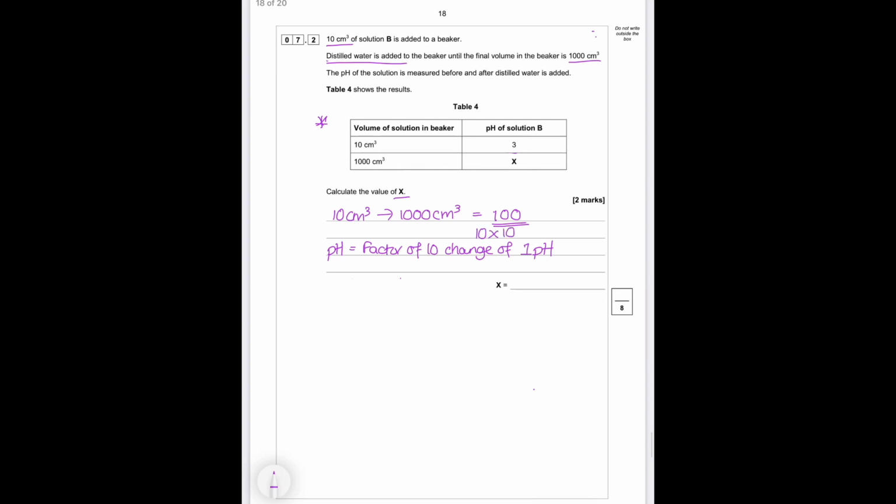So that means rather than having a change of 1 pH, we are going to have a pH change of 2. And because we're diluting, the acid is going to get weaker, and if the acid is going to get weaker, the pH is going to increase by 2, so our final pH would be pH 5.